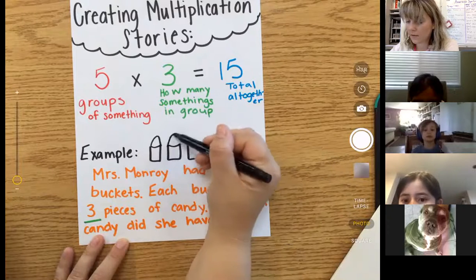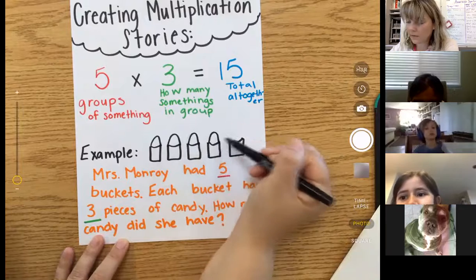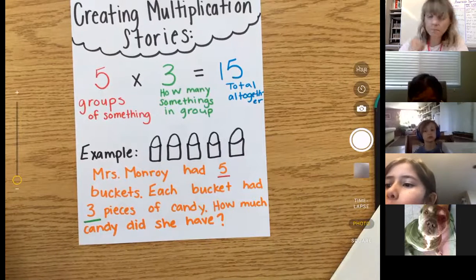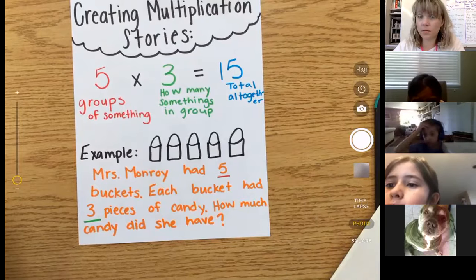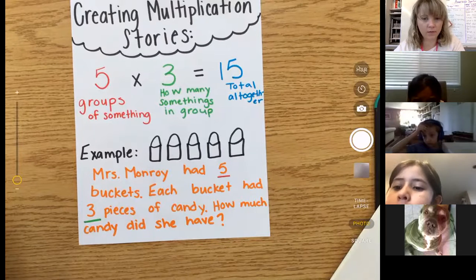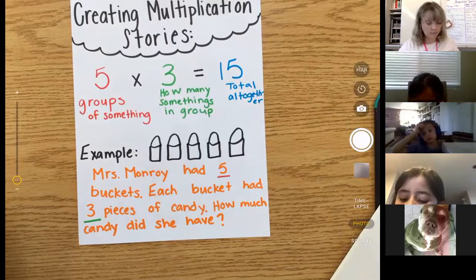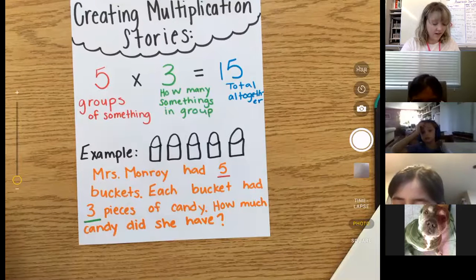There's the handles on my buckets. Now, if no one's ever told you this before, when you do math drawings, they don't have to be beautiful works of art with tons of detail, right? Math drawings are sometimes quick little things. Okay, so we've got 5 buckets.